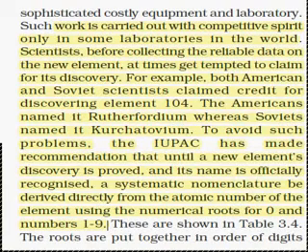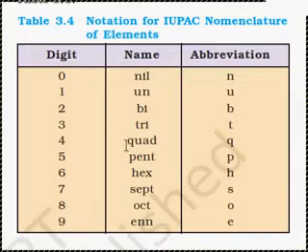That is, it gave a way of naming. Table 3.4. Now this table is to be remembered to know the nomenclature and write the answers related to the IUPAC nomenclature, that is giving name of different elements. Now nomenclature means giving name.